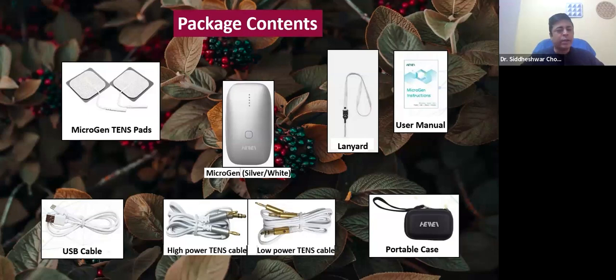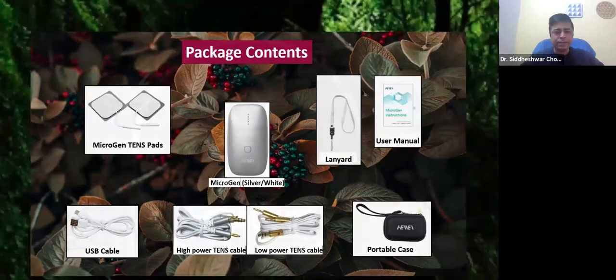Now you get two categories here. One is your low power cable, which is the gold color cable. Another one is the high power cable, which is a silver color cable. So you get two sets of TENS cables here. You do get a portable case. It's a small pouch. You can just carry it with you anywhere. It is very easy.